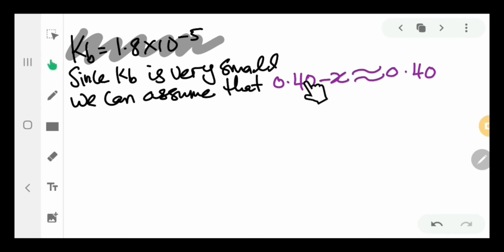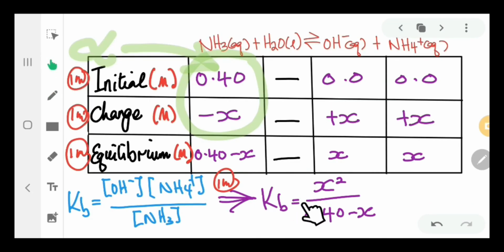So this 0.40 minus X is the value for that one.